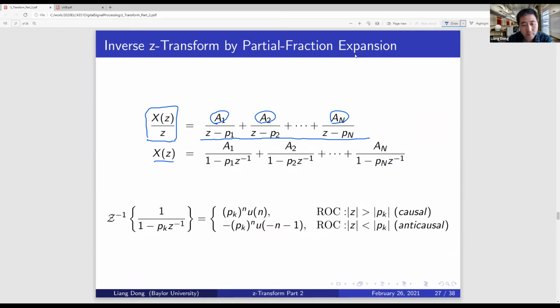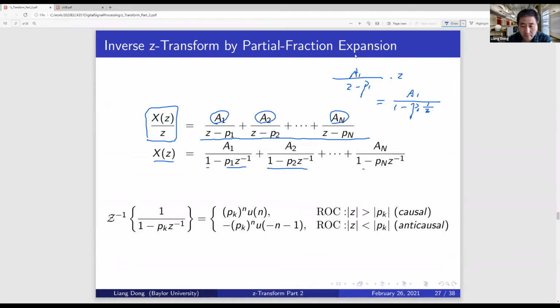Also, when you multiply by z, it is very straightforward to convert that into 1 subtract p1 times z to the power negative 1, right? Because z subtract p1, multiplied by z, equals 1 subtract p1 over z, which is z to the power negative 1.